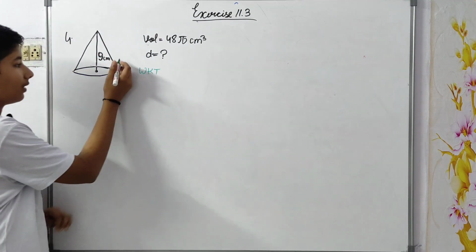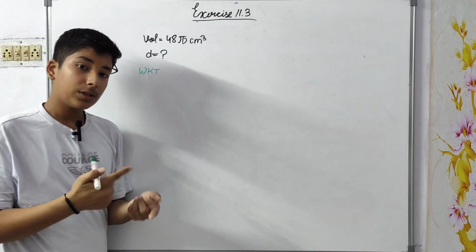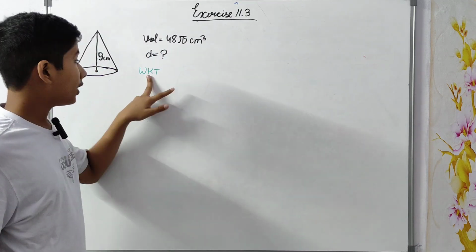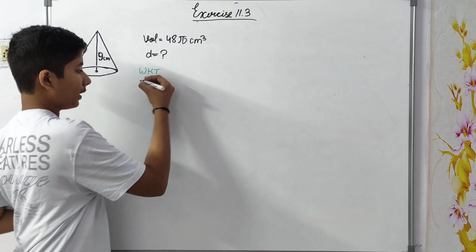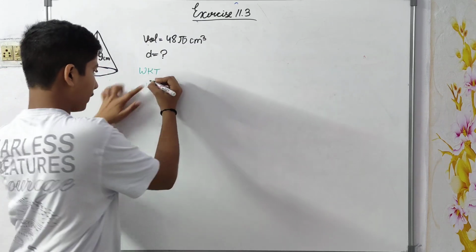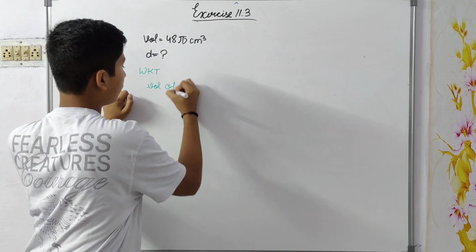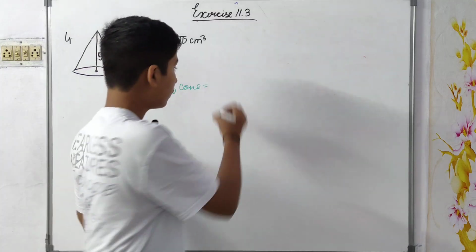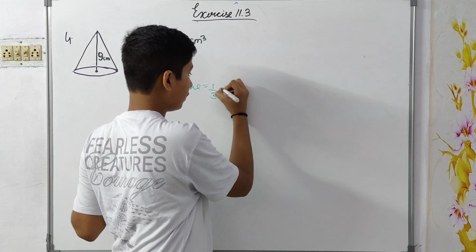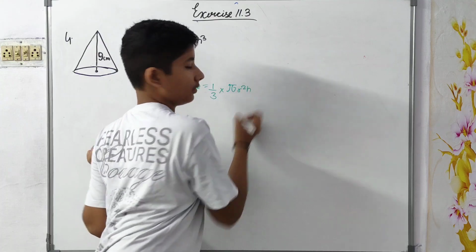Now we'll do the volume. According to this question, the volume is given. Volume of cone equals 1/3 pi r square h.